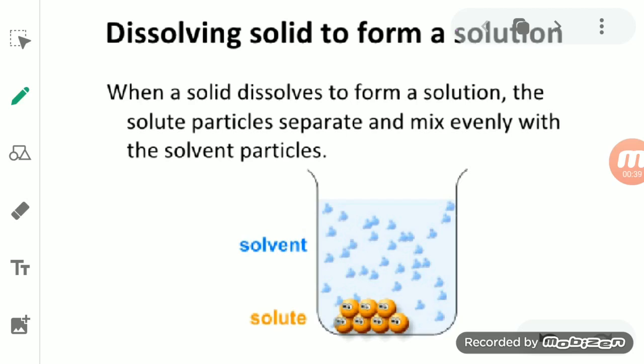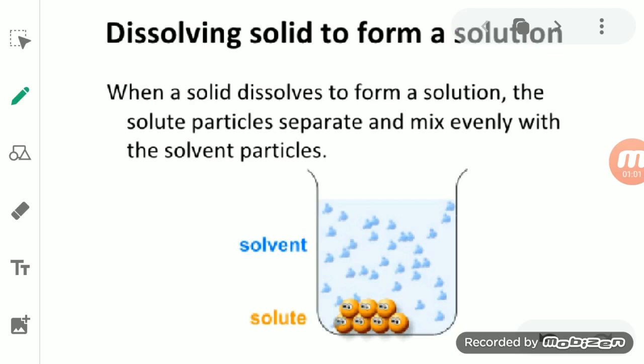Then we come to the next topic, the solution, and we studied the different properties of a solution. The size of the particle is less than 1 nanometer, and a solution is a homogeneous mixture.